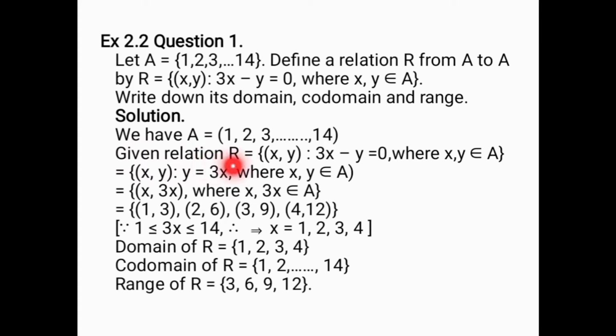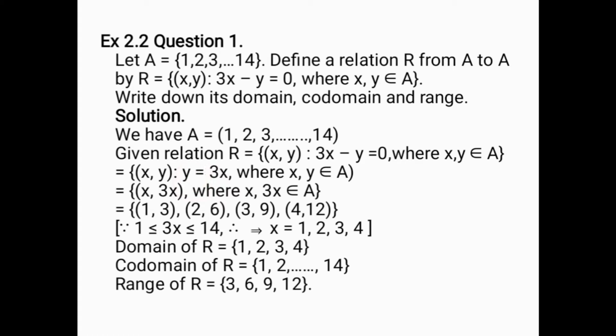Given relation R = {(x, y): 3x minus y equal to 0 for all x, y belongs to A}. So from this we are finding domain, codomain and range.